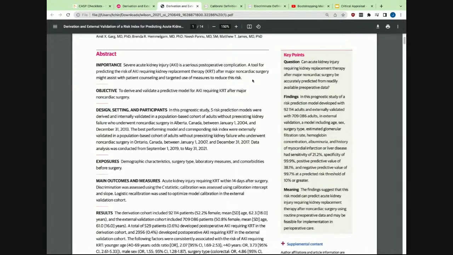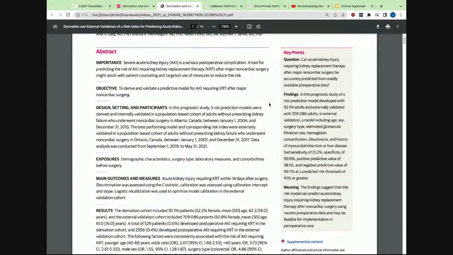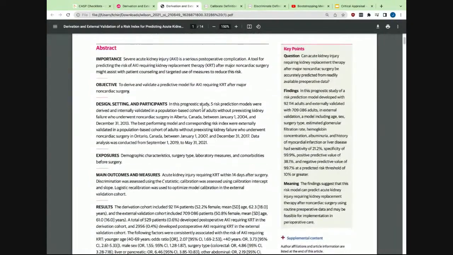So that's why it's important. And to solve this problem, they want to derive and validate the predictive model for acute kidney injury after major non-cardiac surgery. So here, we have already anticipated it's going to be some sort of prognostic and cohort study. So let's see how they do it.